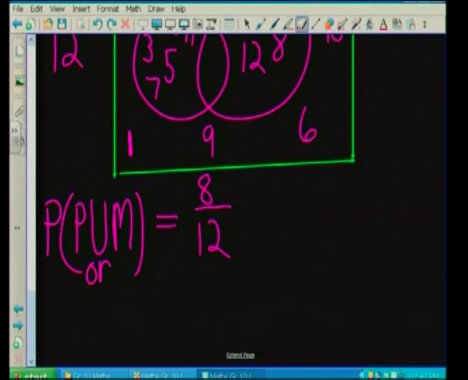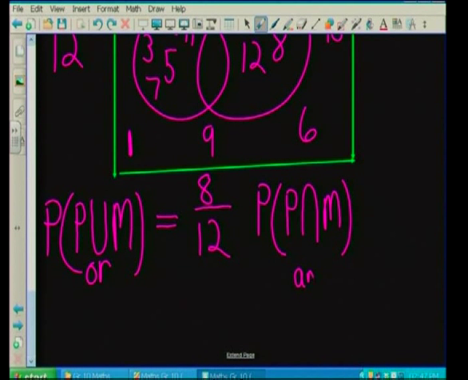Right, guys, so this question asked me for what is the probability of getting a prime number or a multiple of 4. What if we were asked what is the probability of getting a prime number and a multiple of 4? Now, if I have a look at my notation, the probability of getting a prime number and a multiple of 4 will have an upside down U like that, and that means and.